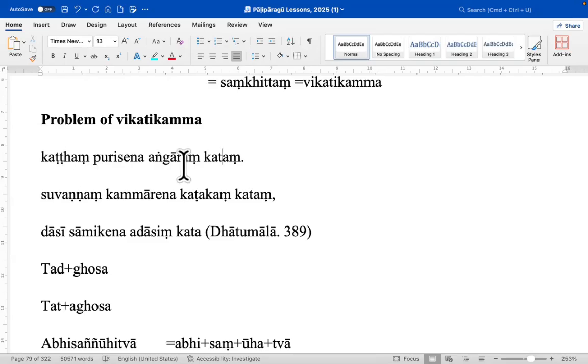Both Kattan and Ankaran look like they have a nominative case ending. In fact, only Kattan has the nominative case ending. Ankaran has the accusative case ending. The meaning of Kattan and Ankaran is: the wood is made to, or transformed to, or changed to charcoal by the man.